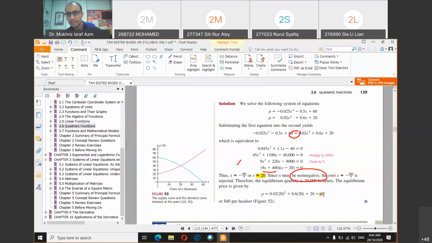You will get the same answer, which is 40 as well. So the answer will be the same regardless of whether you are using the demand or supply function, once you decide what quantity to use for the equilibrium price and quantity. So that is the application of solve.